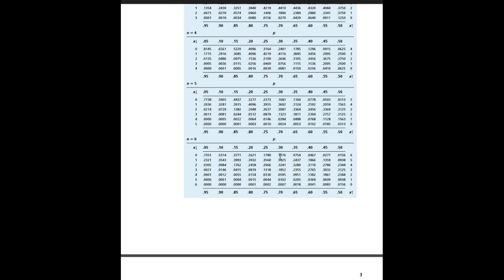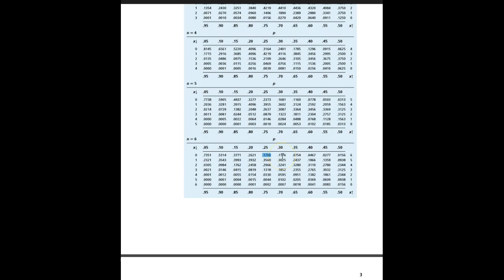For B, what is the probability that at most 2 of the professors are women? At most means the probability that x is less than or equal to 2. That's easy. We just add up the probability of x equals 0, x equals 1, and x equals 2.